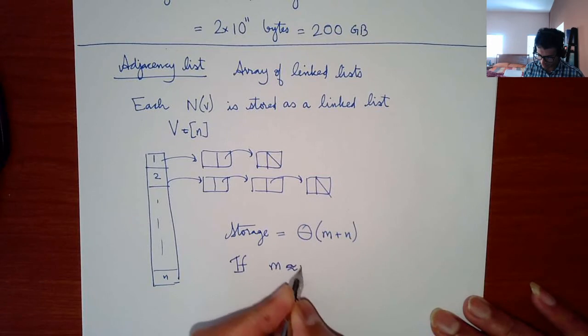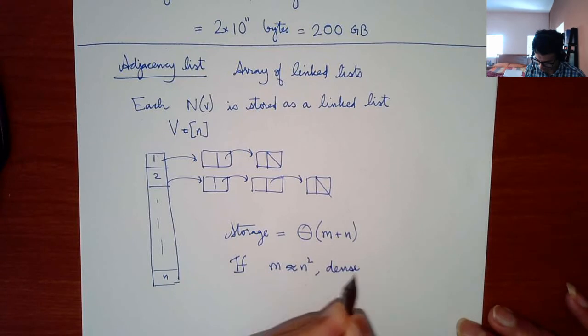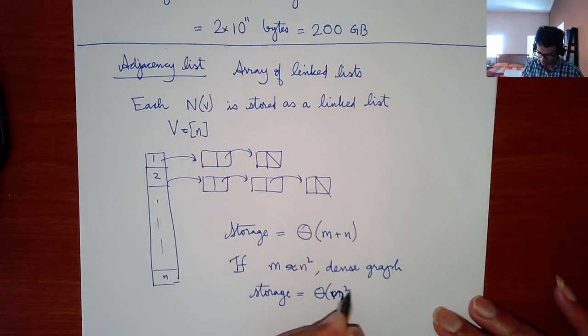So if m is like n squared, what that means is most pairs are connected to each other, and this is called a dense graph. Well then the storage is basically theta of n squared, right?